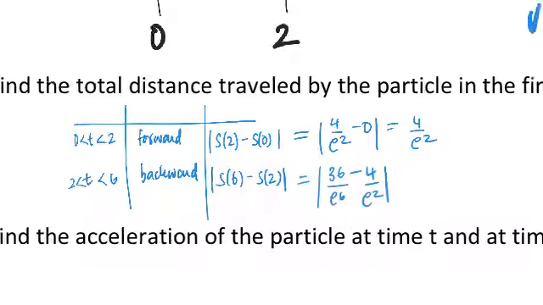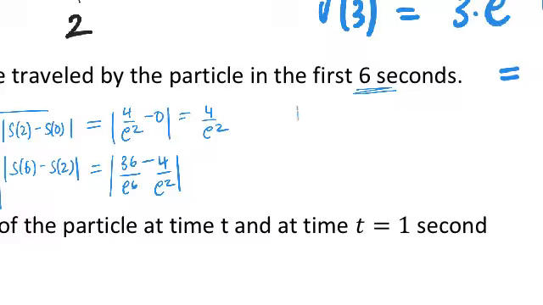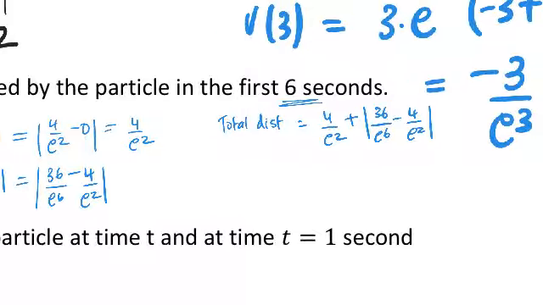Okay, so if you had no calculator, you would just leave your total distance answer as 4 over e squared plus the absolute value of 36 over e to the 6 minus 4 over e squared, right? That's a no calculator answer. If you put this into the calculator, you're going to come out with an answer of 0.9934. We'll keep all of our answers to 4 decimal places, so 0.9934 feet.